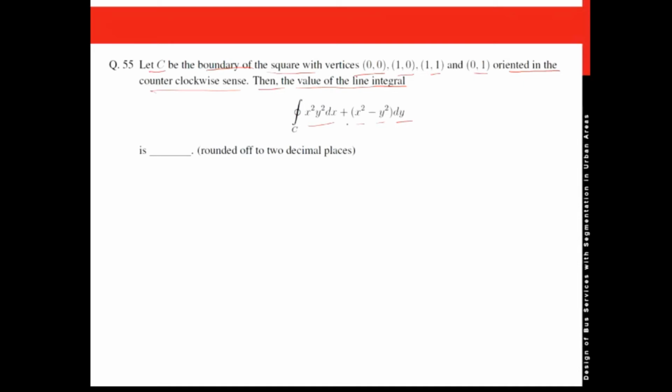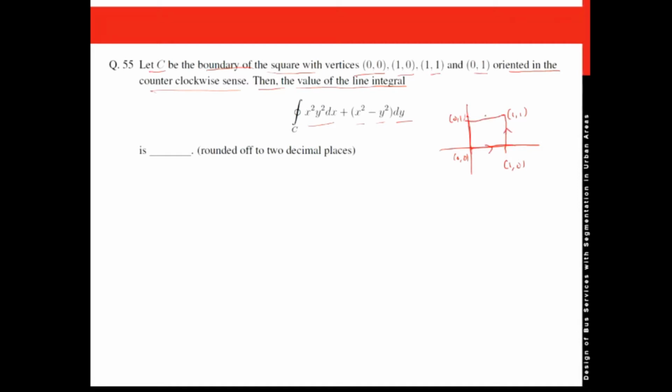So this is a line integral, and in the conventional way, if you want to do this problem, first we want to parameterize this. This is a square, right? And we have a positively oriented square.